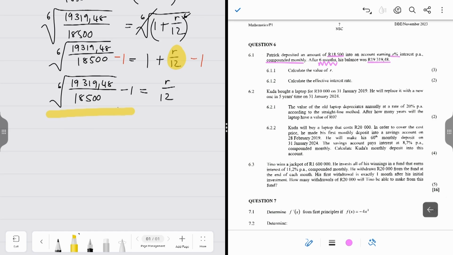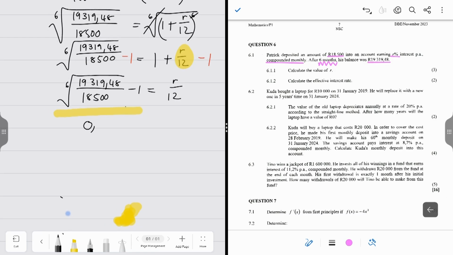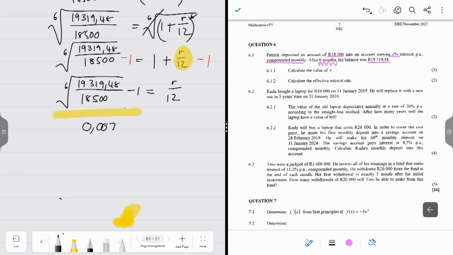I'm going to get my 6th root of, and I put my fraction button, 19,319.48, all divided by 18,500, subtract 1, make sure that minus 1 is outside of the root, and I get 0.00725 and so on. I'm not going to round off just yet.